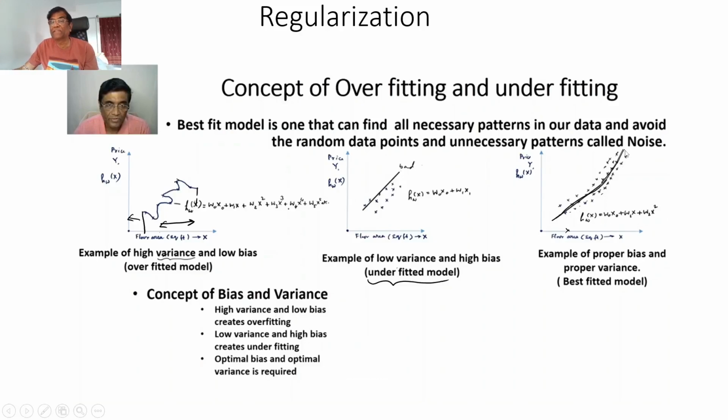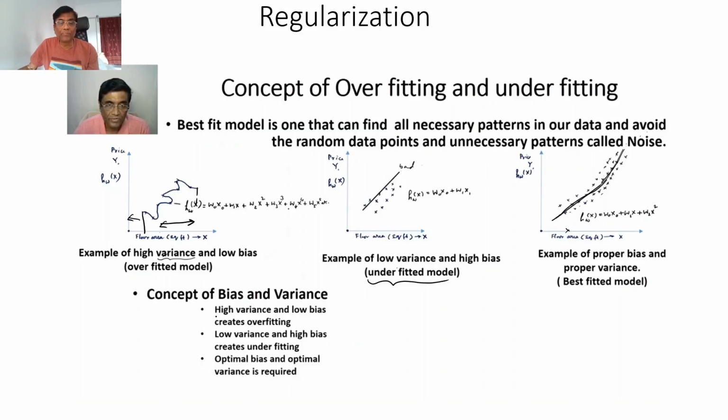And this is the best fitted curve. Why do we call it best fitted? Because in future data prediction, for the data lying here, the prediction will be very good. So this is called the best fitted model.